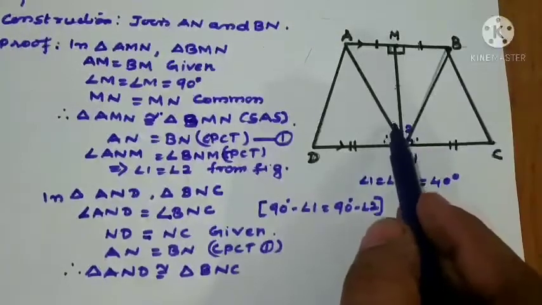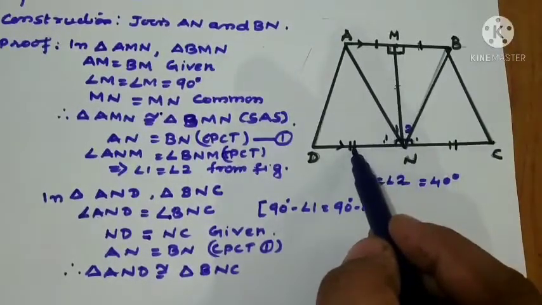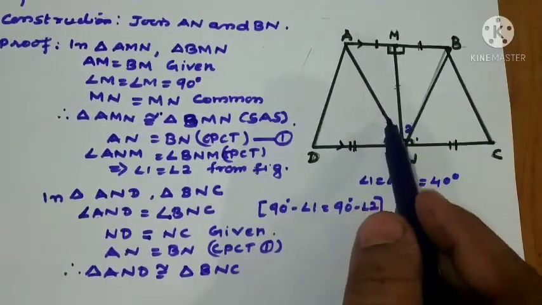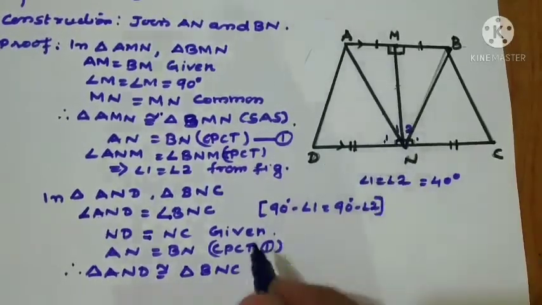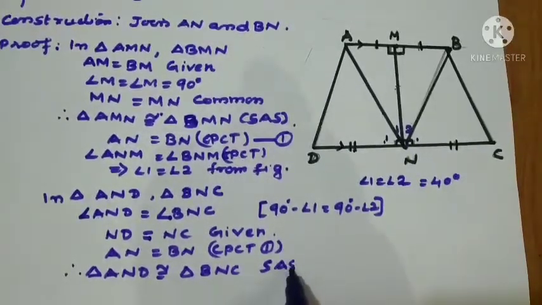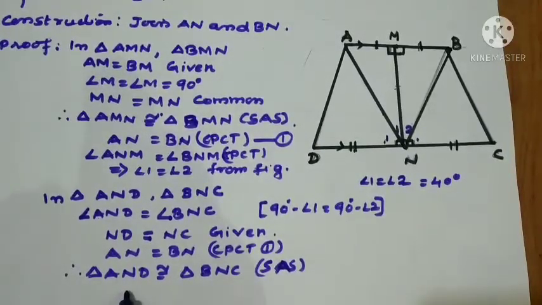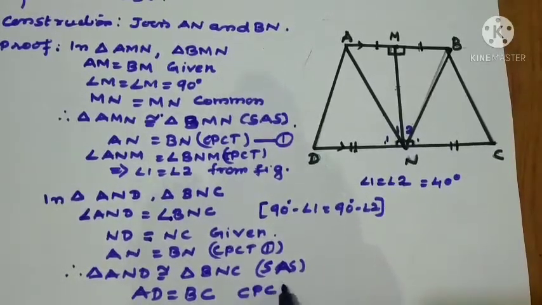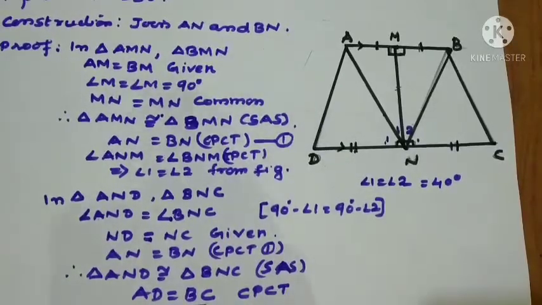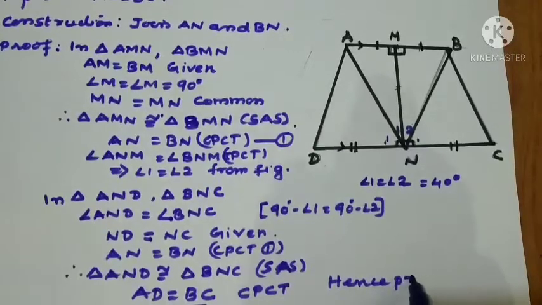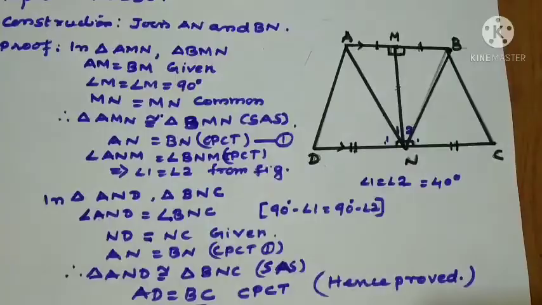What is the rule? Angle, side and side, SAS only. Now what is the result we want? AD equals BC, CPCT. Hence proved.